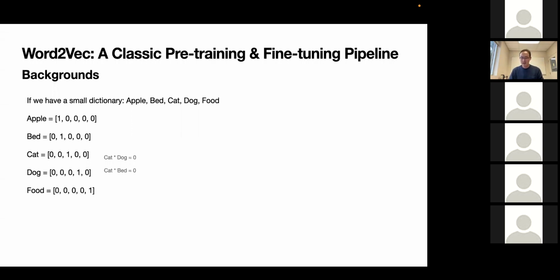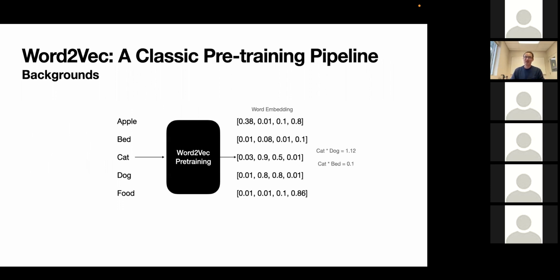And after some time, this algorithm just magically appeared. I don't want to get into too much detail of this algorithm. I just want to give you some basic knowledge of it. There's a black box on the screen, a magical box. We just input some words and sentences through this magical box, and the output will be some vectors.